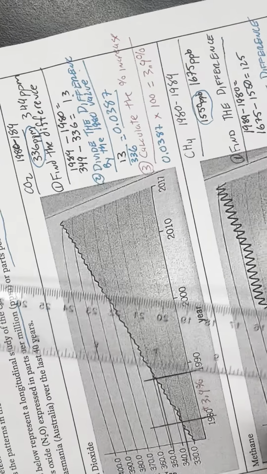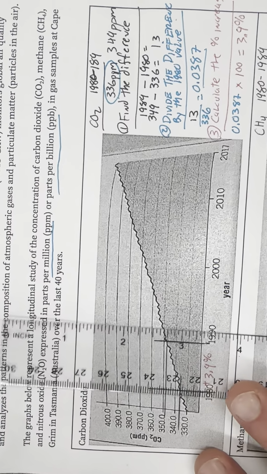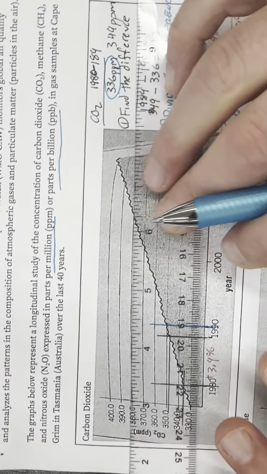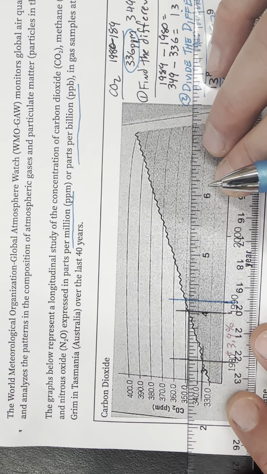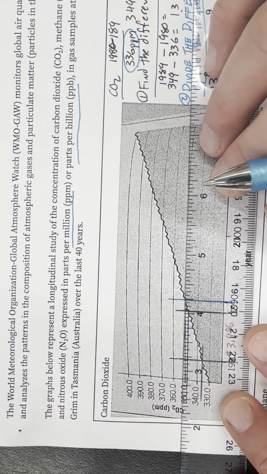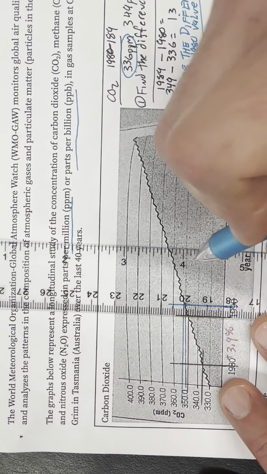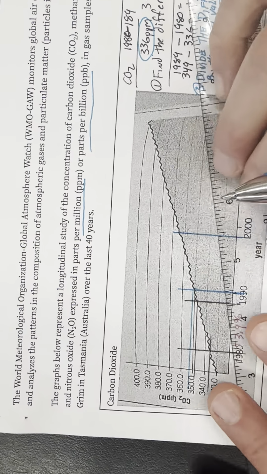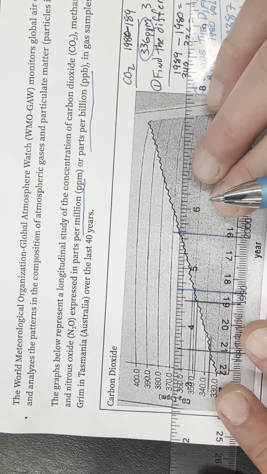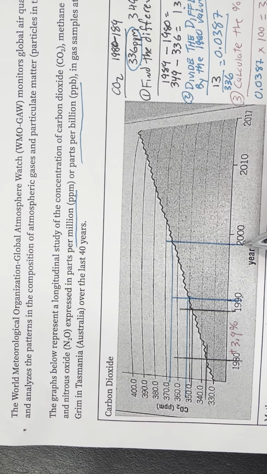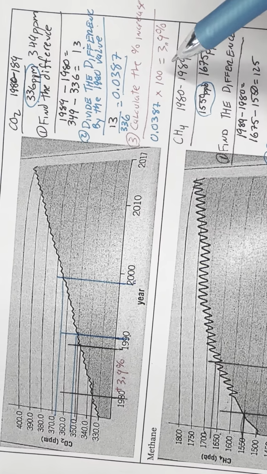So for carbon dioxide, for example, you would take data that goes from 1990, which is just above that, so it looks like it's right about here, okay? And to 1999, so you do something like this, and then go across like so. Now you have data for 1990 to 1999, and then you can go ahead and do the same process.